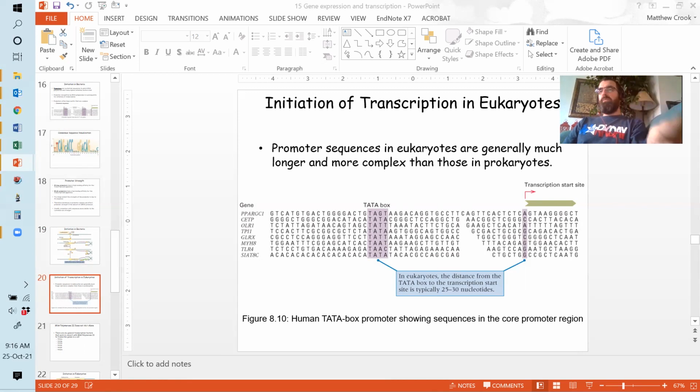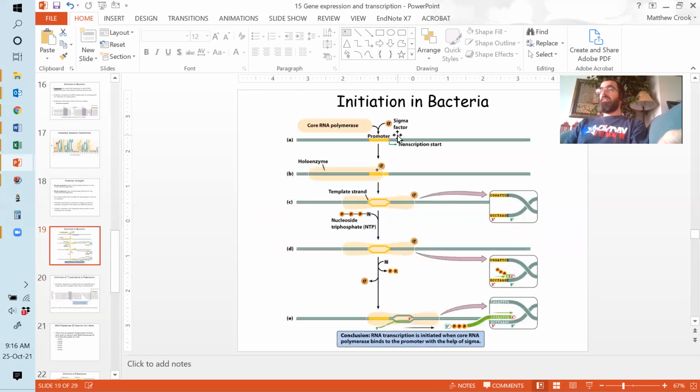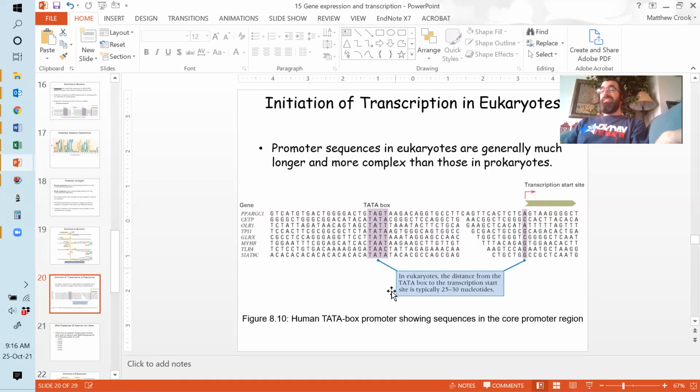So kind of in some ways, the TATA-box binding protein is similar to the sigma factor in bacteria. But you can see that it's much smaller, and that's it in terms of commonality, right?